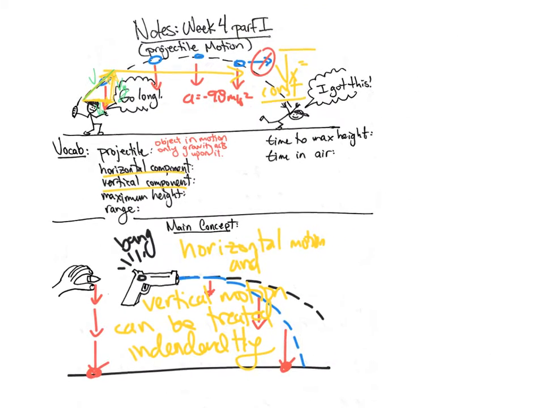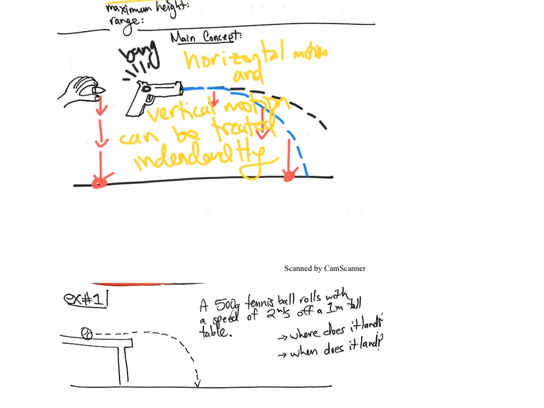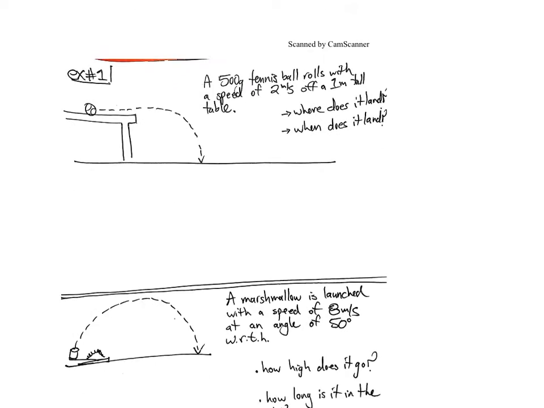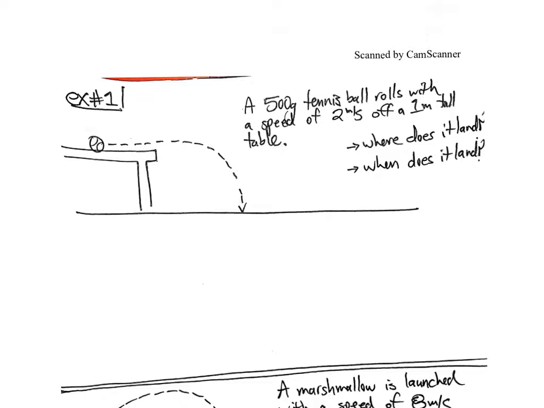Let's talk about some examples here. Okay, I put it down here. Sorry about that. Okay, so on the second page, we have two situations. So one, we're going to do a lab just like this. We have a ball rolling horizontally off the table, and the question gives us some information, the mass of the ball, its horizontal speed, and the height of the table, and it asks where does it land, and when does it land.